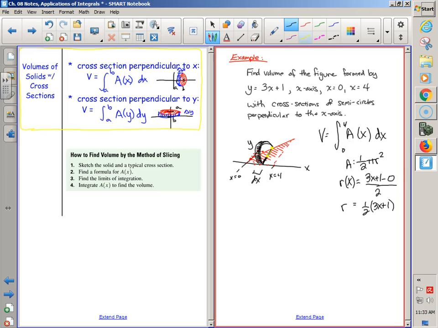Since that's my r, I go integral from 0 to 4 of 1/2 pi times r squared. Wait, why did you divide by 2? Because my diameter was 3x plus 1, not r.